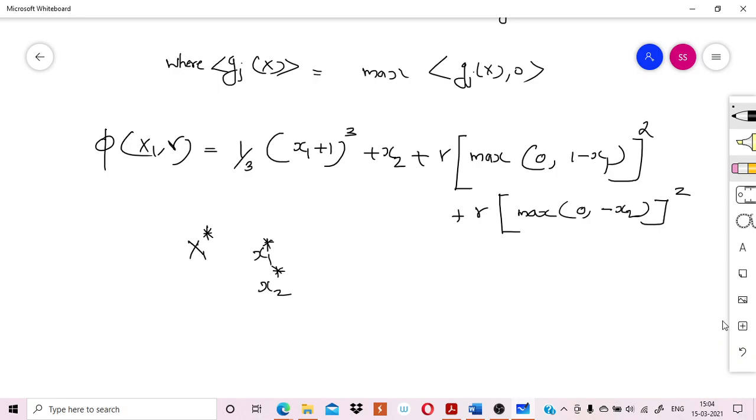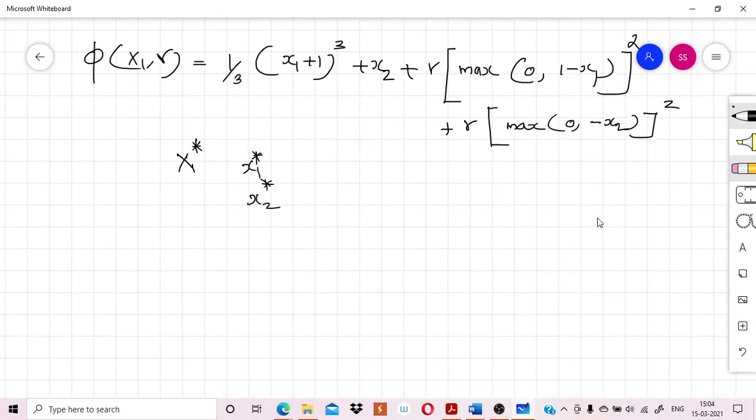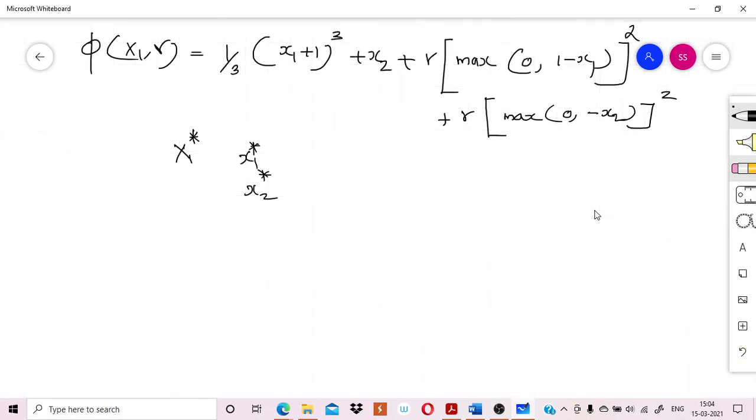Now I'm going to apply the differential method, that is Newton's method, in finding this. Why? Because this phi of x1 comma r is again a convex function, it will look like this.